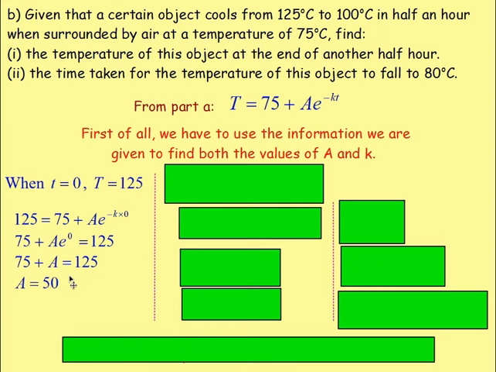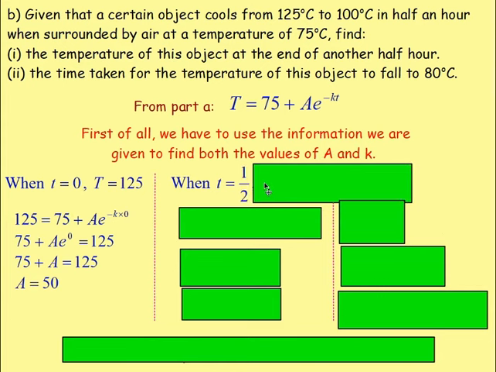We are told that it cools from 125 degrees to 100 degrees in half an hour. Remember, the time is measured in hours, so when the time is 1/2, it's half an hour, then the temperature of the object is going to be 100 degrees. So we can use that as well.